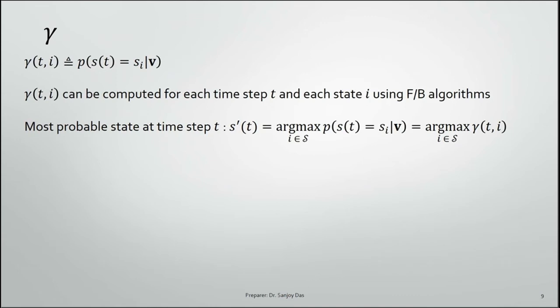Now, since gamma t(i) is the probability of S_t being S_i at the current time step t, we can simply take the argmax of gamma t(i) to get the most probable state at time step t. Let's denote it by S prime t.